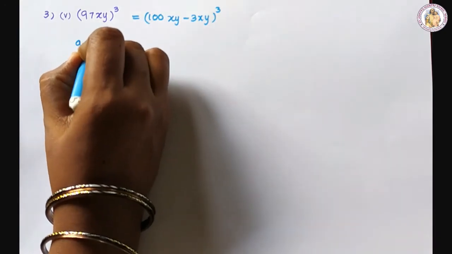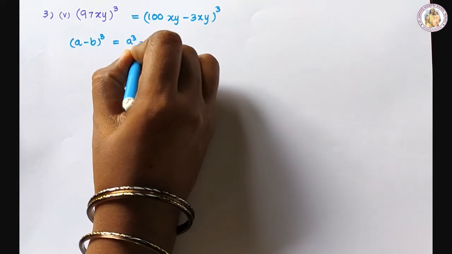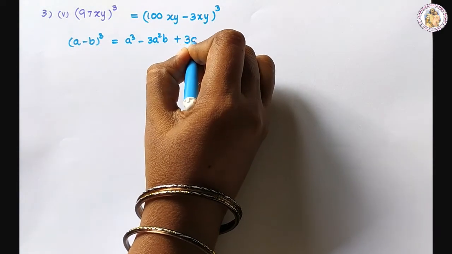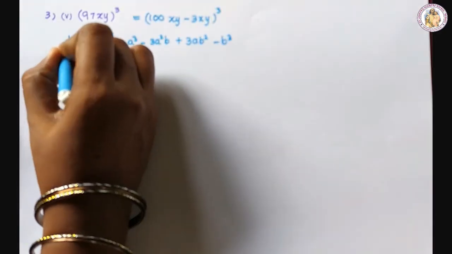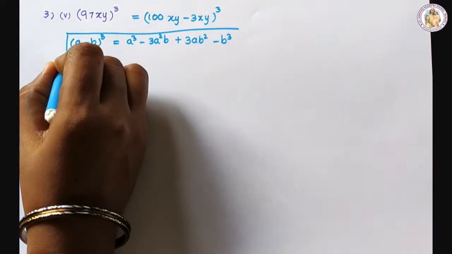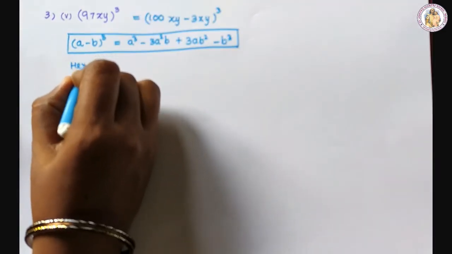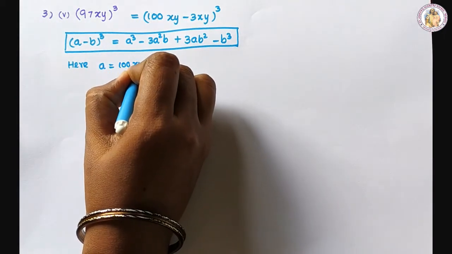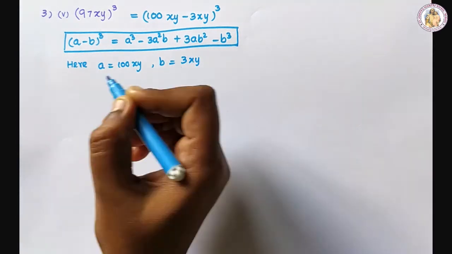So (a minus b) whole cube equal to a cube minus 3a squared b plus 3ab squared minus b cube. Here a equal to 100xy and b equal to 3xy.